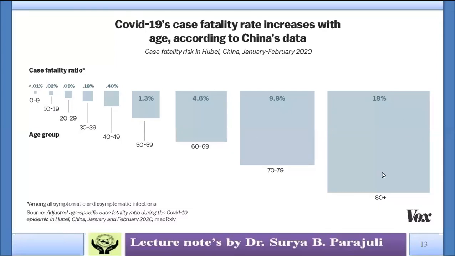Hope you understood the concept of case fatality rate. As age progresses, the case fatality rate of COVID-19 is increasing. So this is the beauty of knowing tools of measurement.